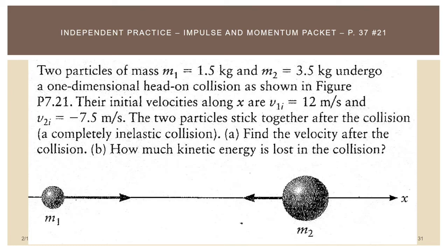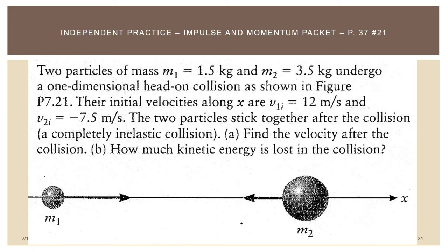But the real question is, does that mean the final velocity is just going to be a really small positive number, or a slightly larger negative number? Well, you can tell this just by doing a simple m times v calculation for each object. If we take the mass of object 1, 1.5 kilograms, and we multiply it by 12, we get 18.